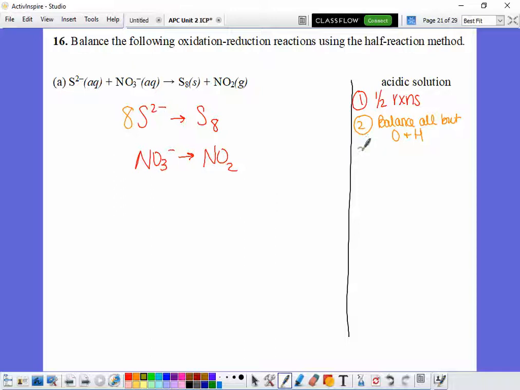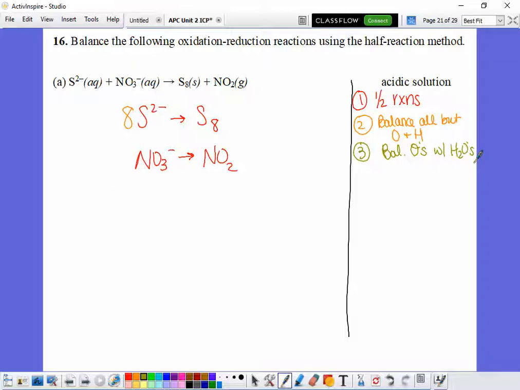Step 3 is to balance the oxygens with waters. We're going to add the appropriate number of water molecules to the opposite side of that half reaction to make things balanced.